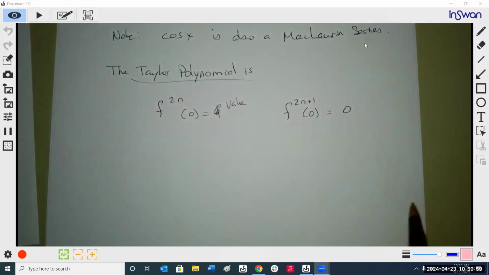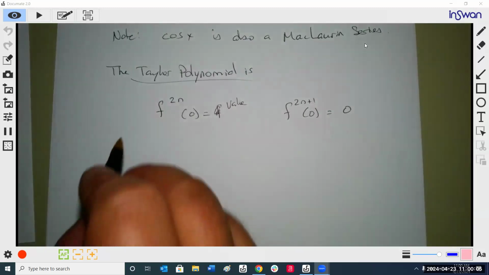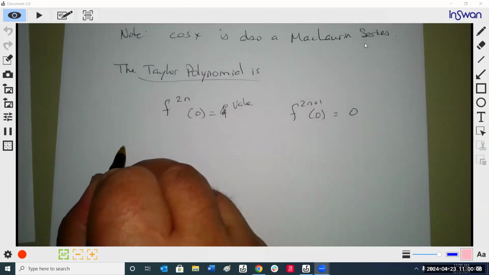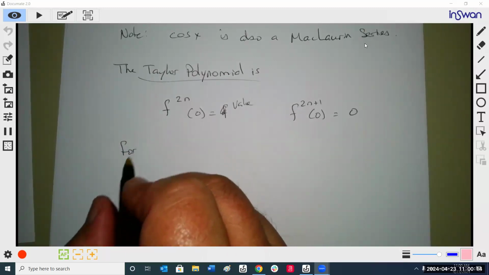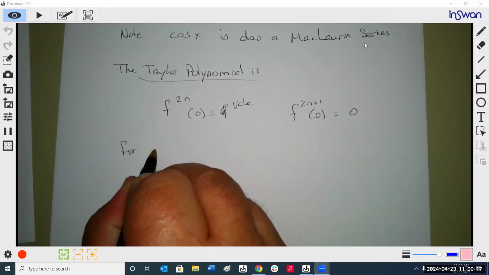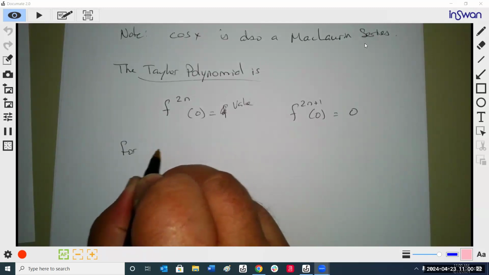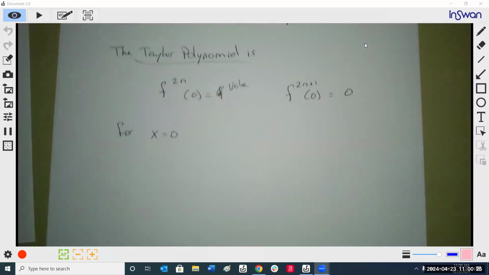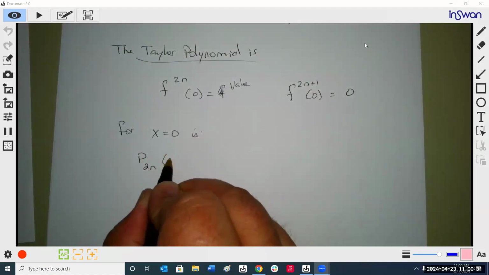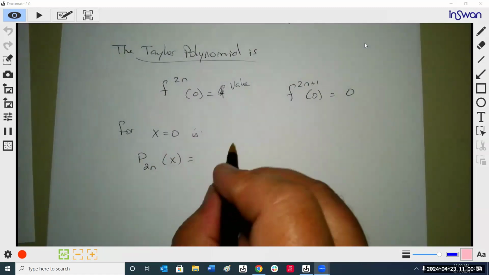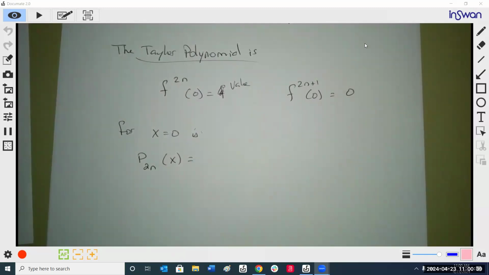So we notice the series there for our polynomial, so we're going to plug n in our values.